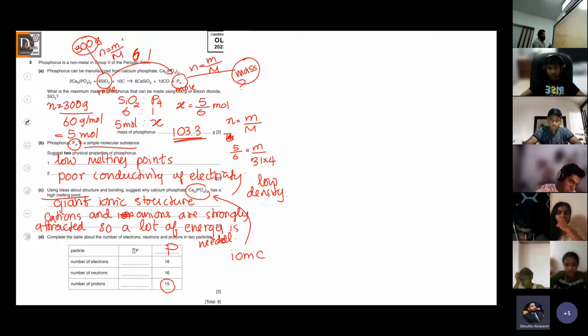So it's phosphorus, and the mass number can be found by adding neutrons and protons. So it's 31. But be careful here. Look at the electrons. 3 extra electrons are there. Therefore, this should be P3 minus.